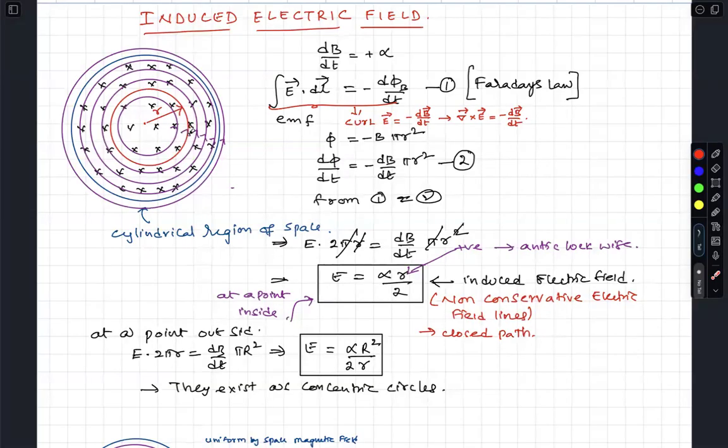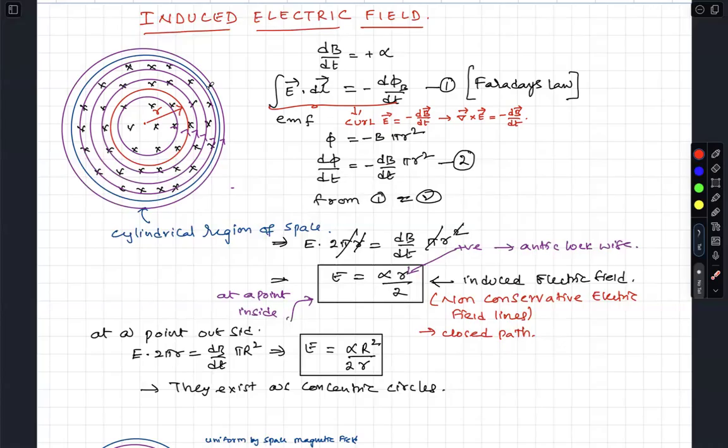Plus indicates that the tangent drawn at this point gives you the direction of the electric field. What are these electric fields? These electric fields are different from the electric field which we discussed in electrostatics. Those electric fields are all conservative fields, whereas this electric field, which I am discussing now, is a non-conservative field.